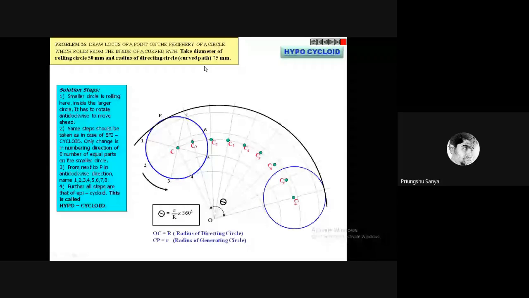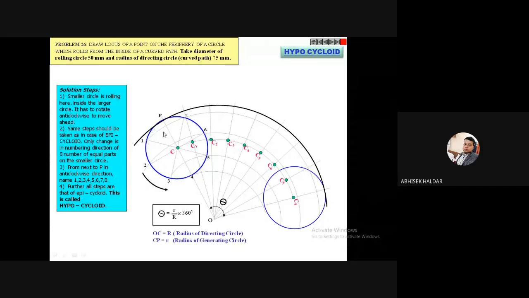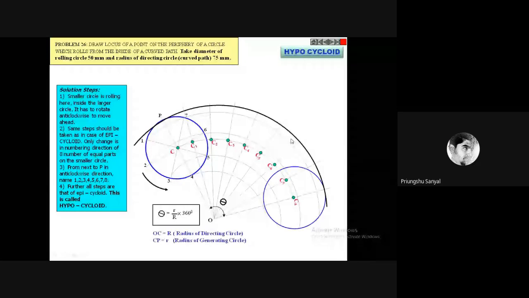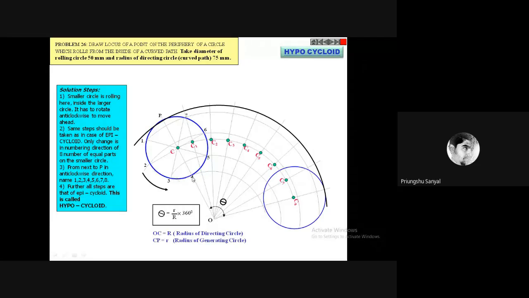The radius of the rolling circle, we cannot take with the scale because it is in centimeters.